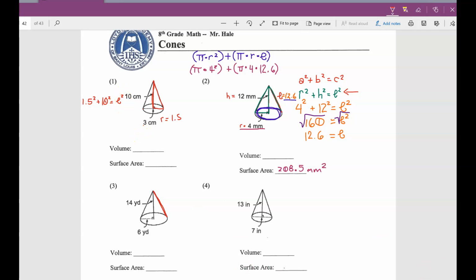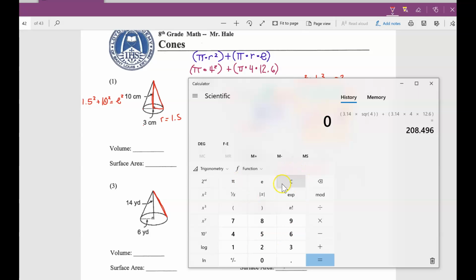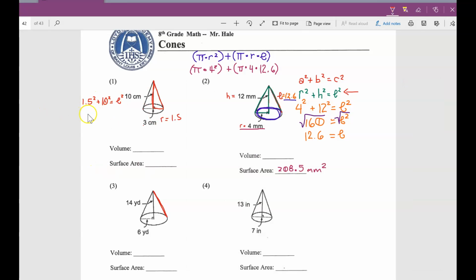Let's go to our calculator. Clear everything. 1.5 squared plus 10 squared equals 102.25. So 102.25 is equal to our slant squared.